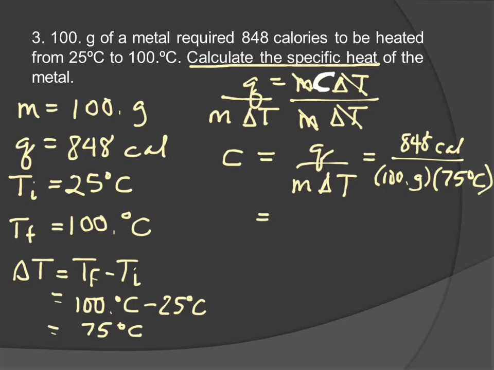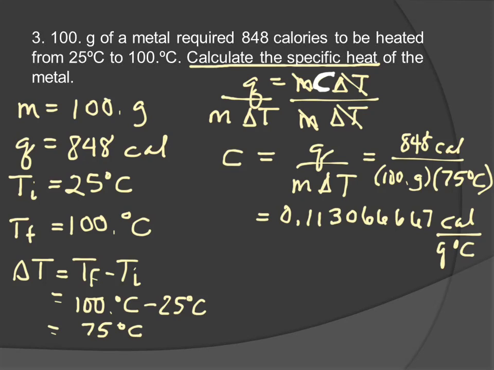And my calculator is showing me a lot of digits here. 1.13066667. None of my units canceled out, so I can't just have them go away. I need to keep them around. So calories per gram degrees Celsius. And yeah, that looks messy, but those are units of specific heat, and that's what we're calculating.